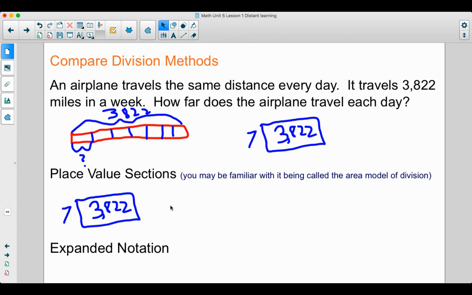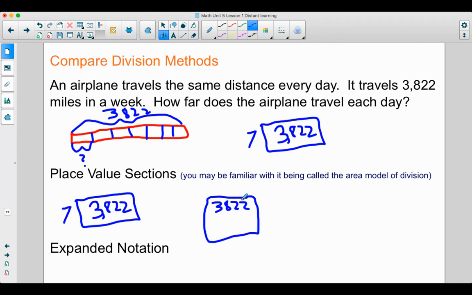So thinking of that, what I want to do is take my 3,822 and put it into a rectangle. And dividing by 7, I'm going to take the place value of the 3,000s.